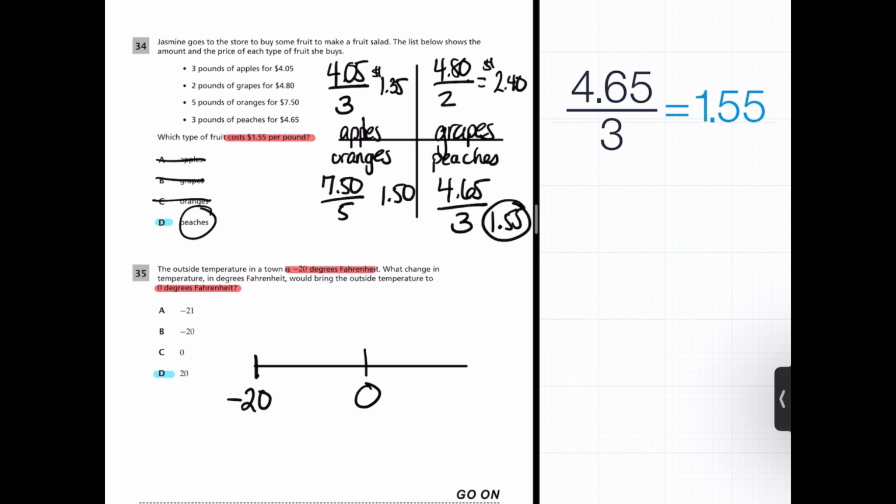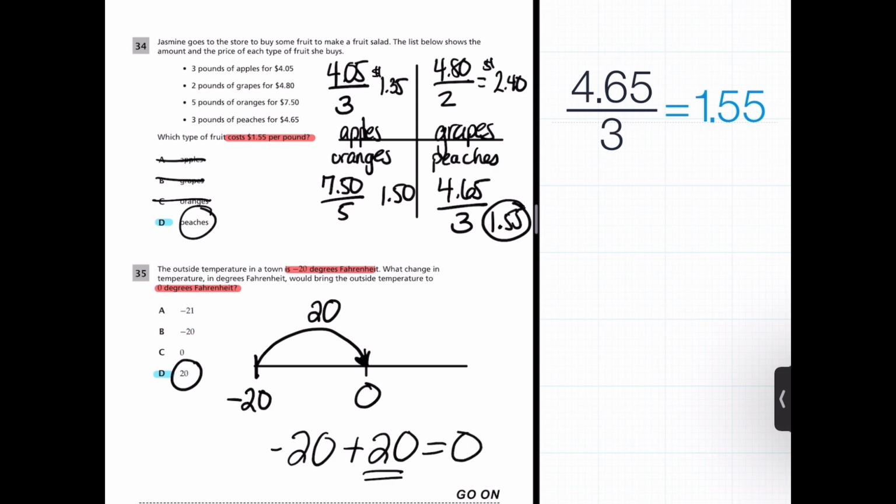And I want to know what would be the change to get it to 0. Well, it would have to be its opposite, positive 20. So these are just opposite numbers, and that would make a 0 pair. And negative 20 plus positive 20 would make your 0 pair. I like making diagrams just so we can see them. Hit pause and jot this down into your notes.